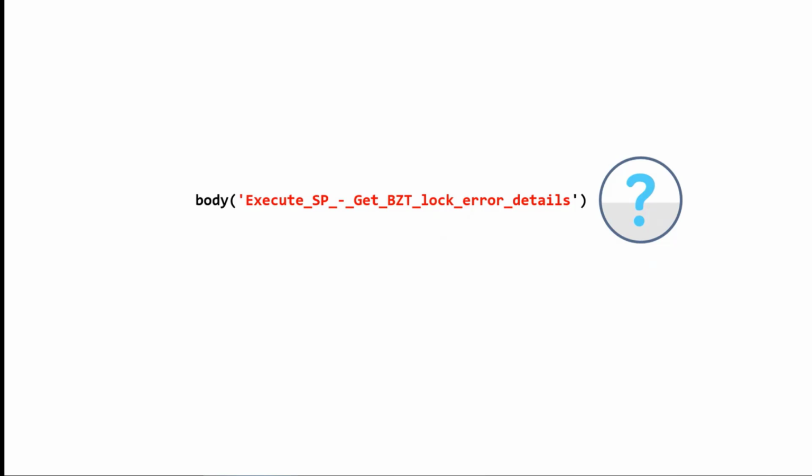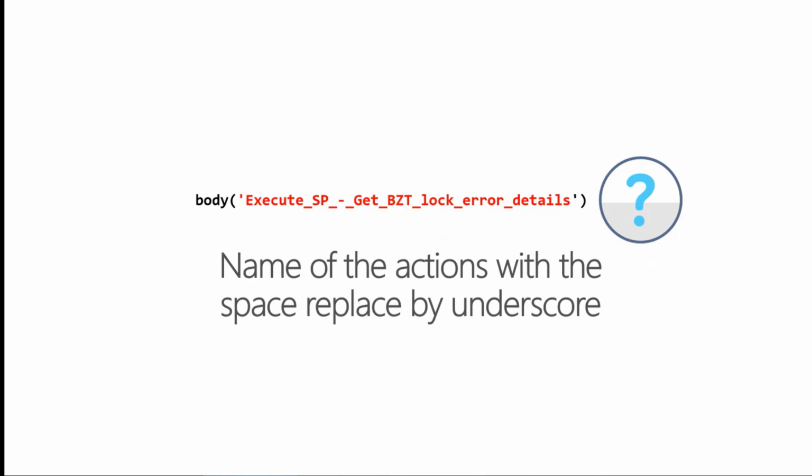But what these expressions use with underscore is basically all the names that you put on the actions, all the spaces will be replaced by underscore, and this is the name of your actions inside your workflow. So Execute Stored Procedure Get BZT Log Error Details is my action, but in the code all the spaces will be replaced by underscores.